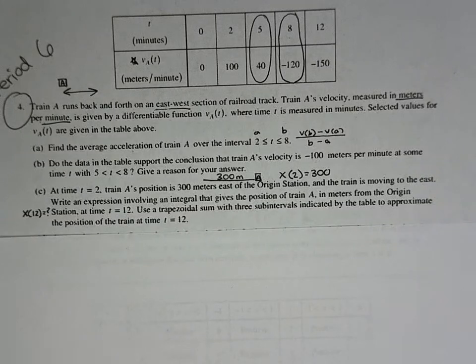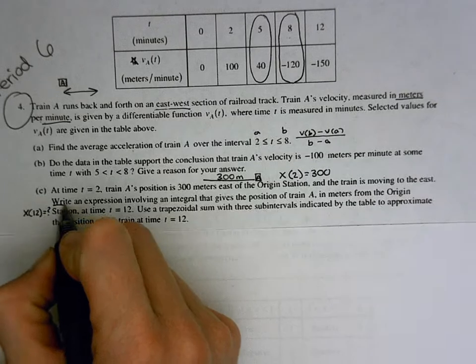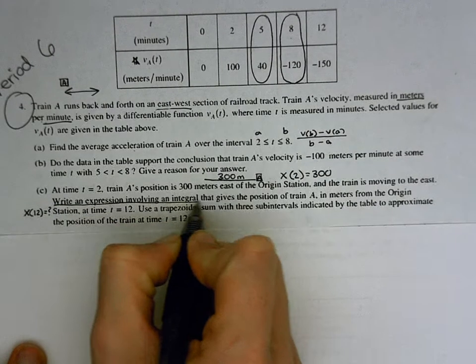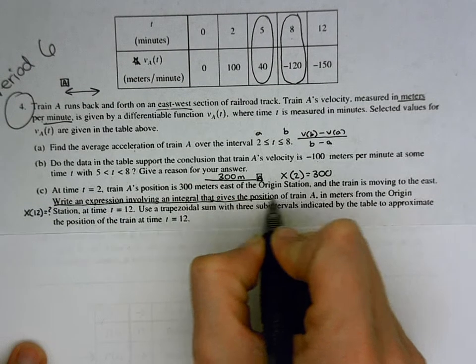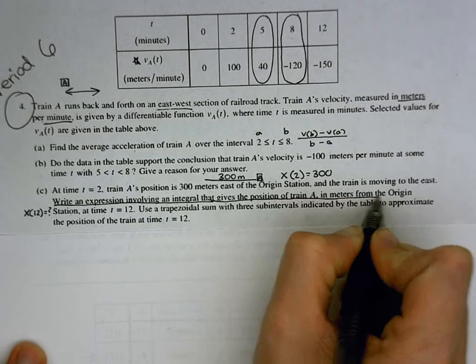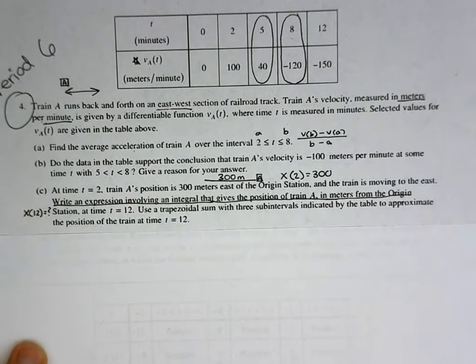The first point was for your position expression. They ask us to write an expression involving an integral that gives the position of train A in meters from the origin station at time t equals 12.